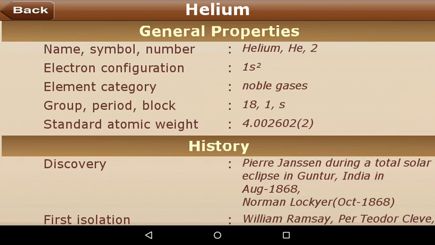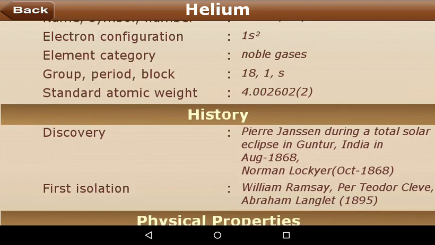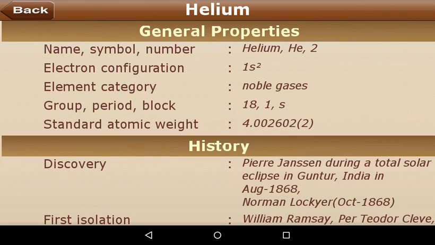It has a complete shell of electrons in its outermost shell, but it is the second element found in the periodic table. Helium as an atom has the symbol He, and it has an atomic number of 2.